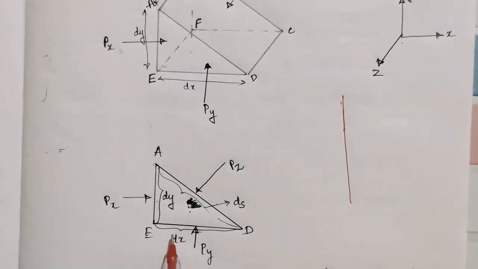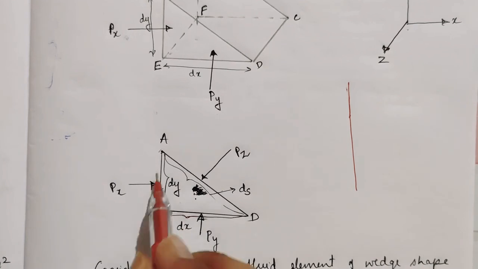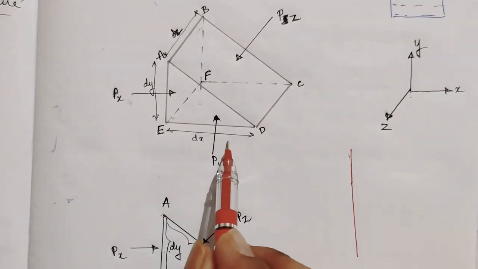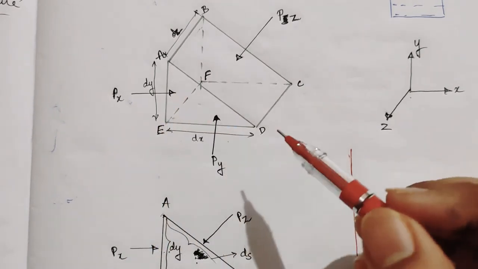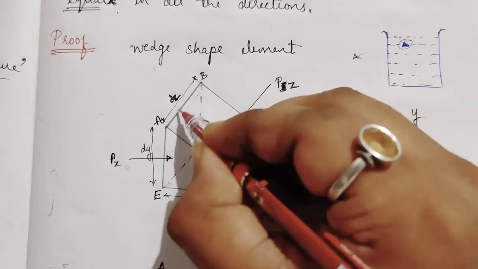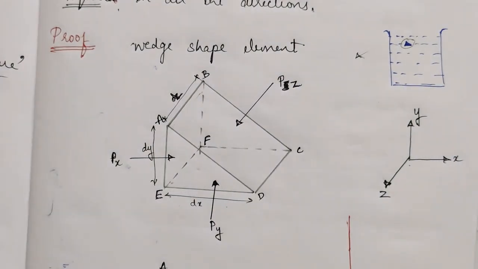I took this as the surface area dx and this area as dy, right? So in the 3D element also, this is dx and this is dy. But in the z direction, the inclined surface area is dz only.